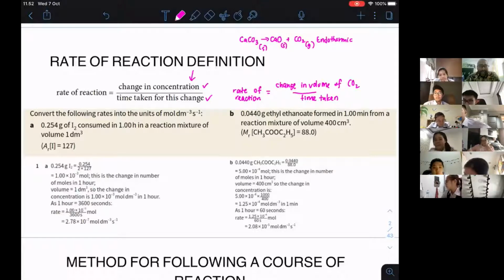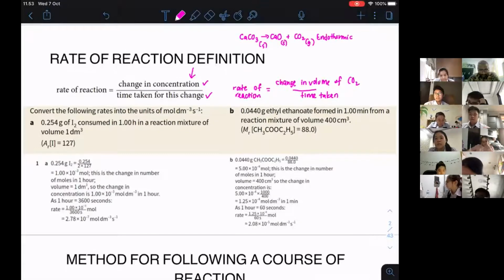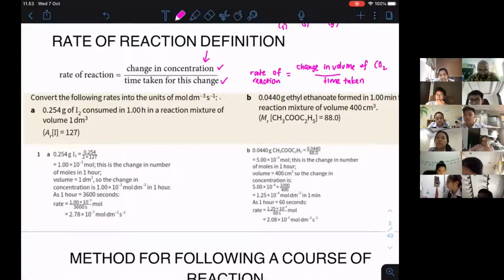Here they're asking you to convert the following rate into moles per dm cube per second. I think this one is very easy, because it's just simple conversion. When you have something in grams, you just need to change it into moles. So find out the number of moles.